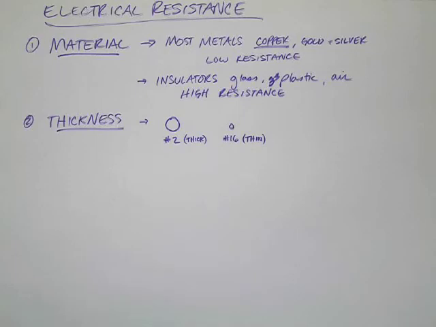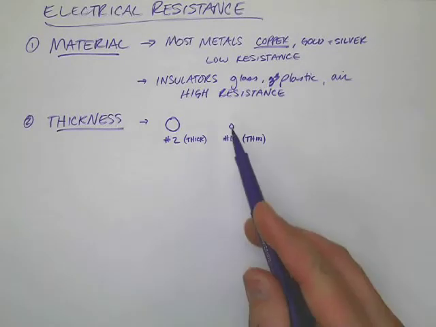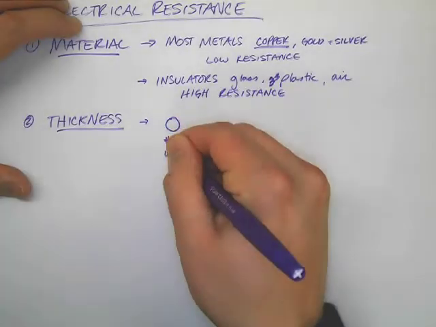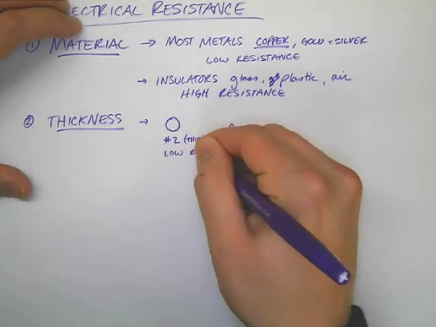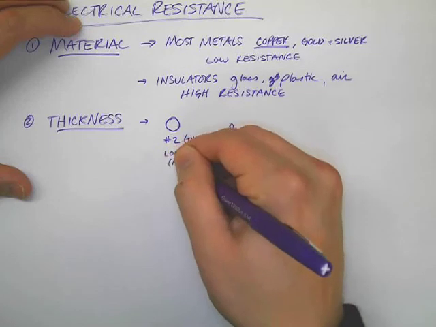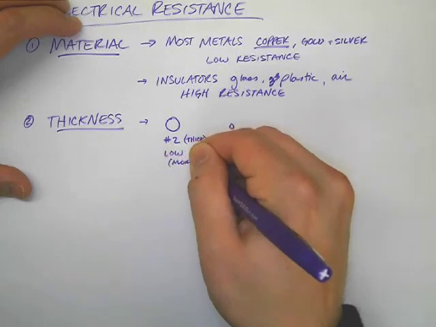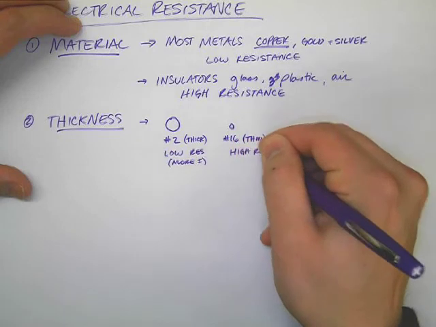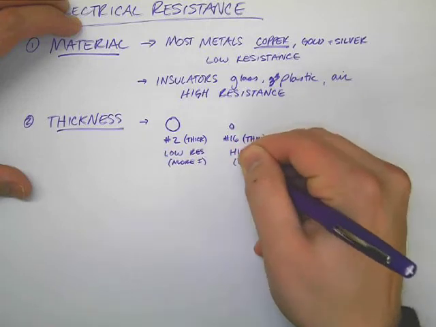There's more free electrons available to push the current through. With something really small and thin, I've got less material available to actually carry the current through, so the thick wire is going to have a lower resistance. And I can get more current. Whereas a small wire will have a higher resistance. I'm going to get less current.